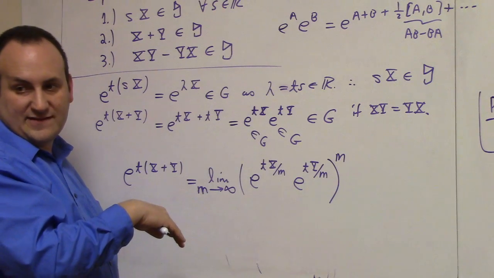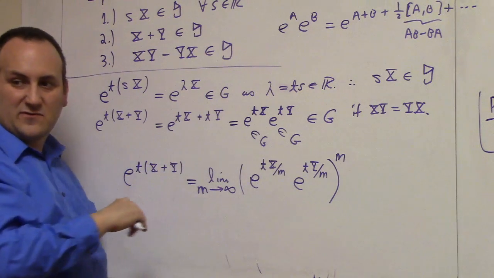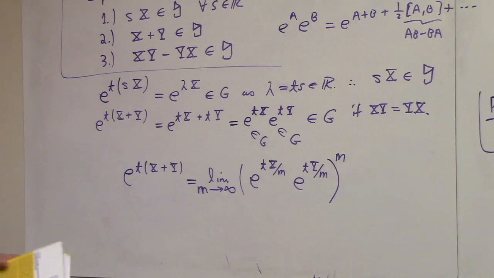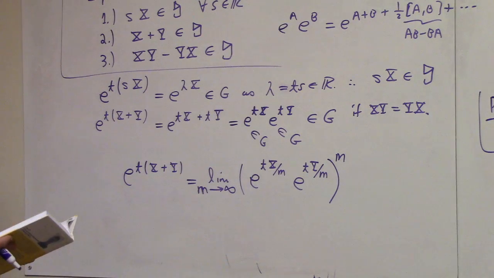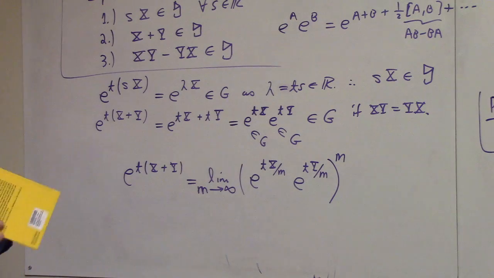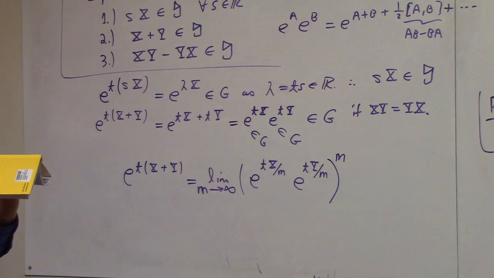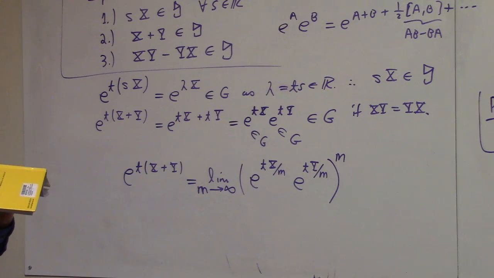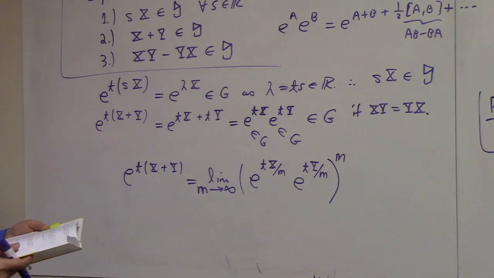That's an intuition for why this formula might be working, but not proof. The proof is in this book, which is an elementary introduction to Lie groups, Lie algebras, and representations. I should emphasize the elementary.